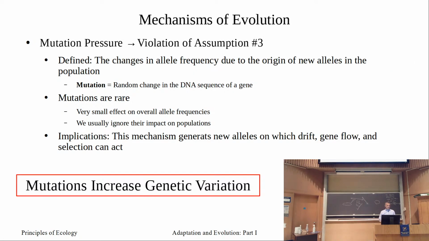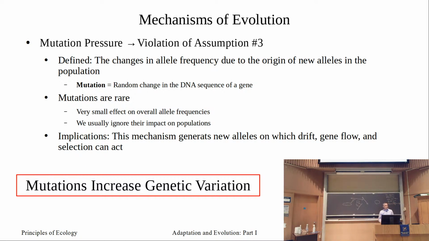All right, third is mutation pressure. Mutation pressure is when we violate assumption 3, no mutation. We said mutation increases our genetic variation. It's like the ultimate source.